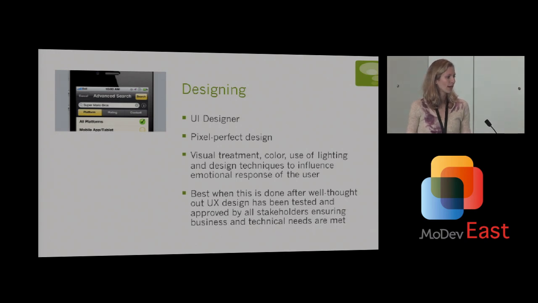Hopefully by now, after wireframing and prototyping, you have covered all of the usability and functionality goals of your project. And here's the designing phase. It is best done once your UX is pretty solid.